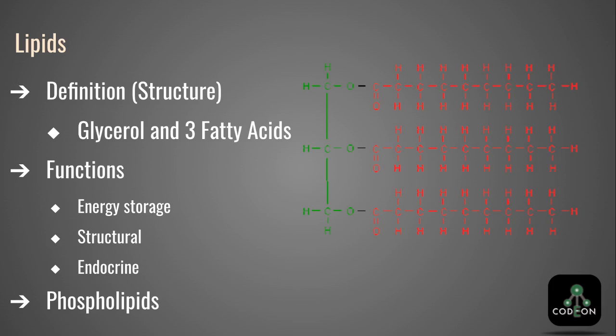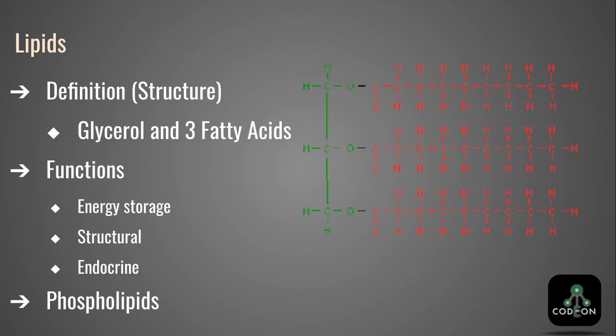And lipids have many functions, such as energy storage, structure, and also for messaging, for hormone messaging, which we call endocrine processes. So these are just some examples of functions.